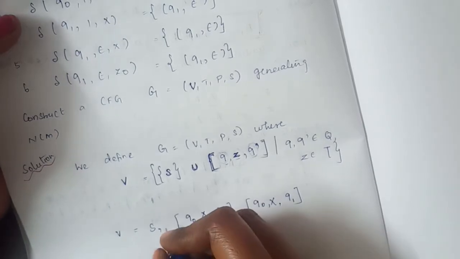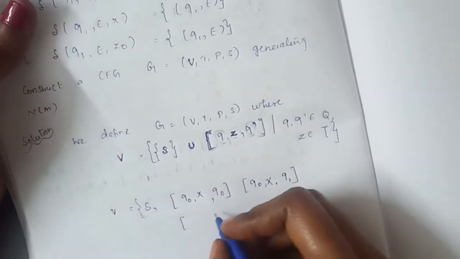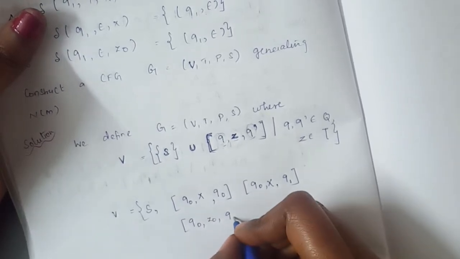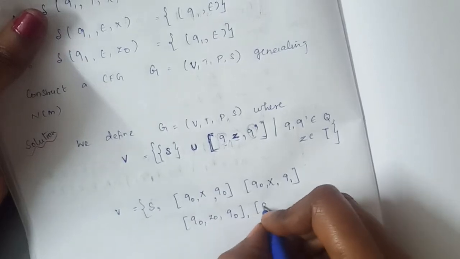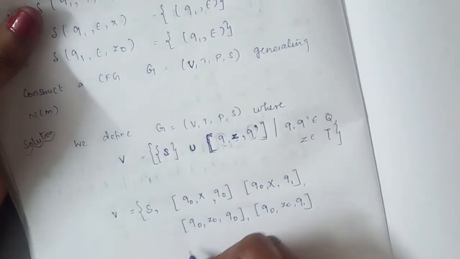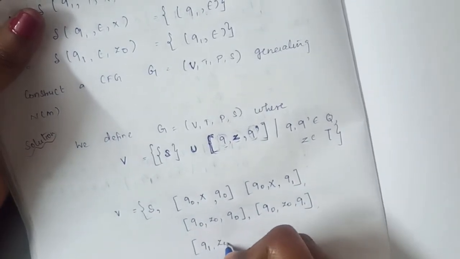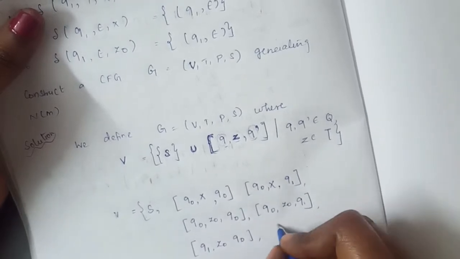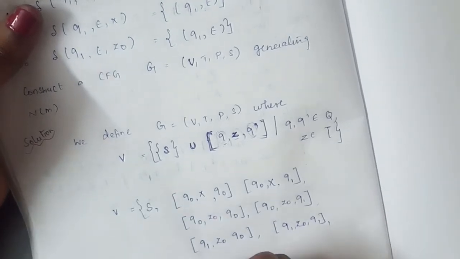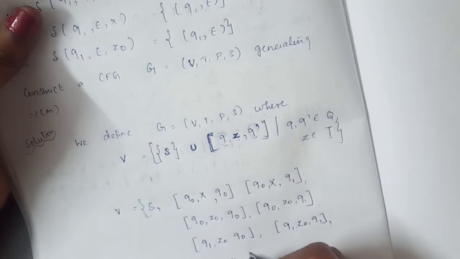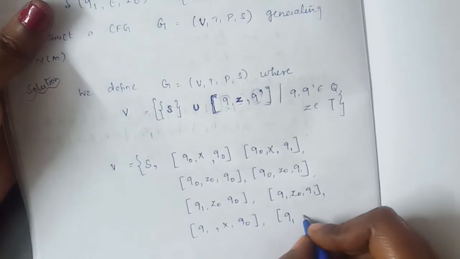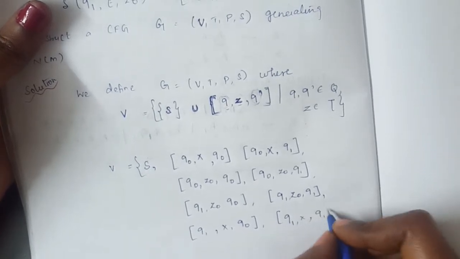After that we have q naught z naught q naught. The next combination is q naught z naught q1. After that we have q1 z naught q naught, q1 z naught q1. Similarly we have q1 X q naught and q1 X q1.